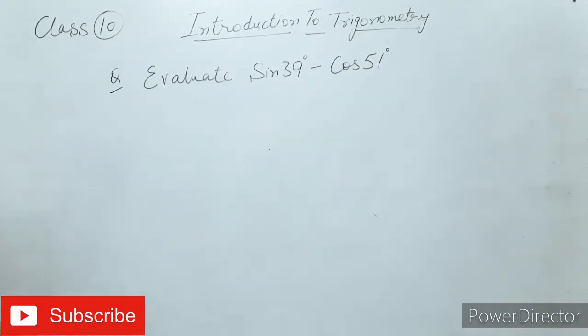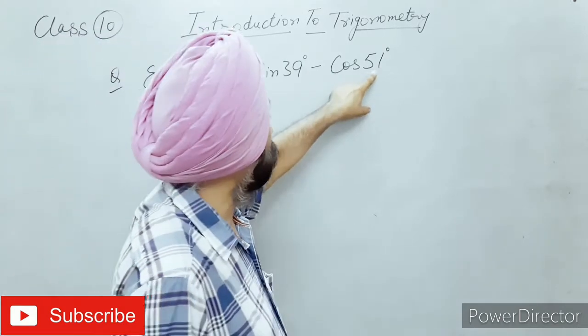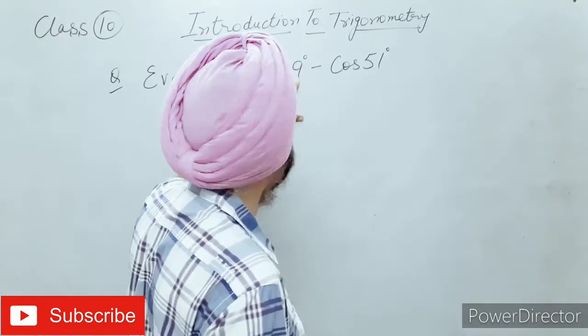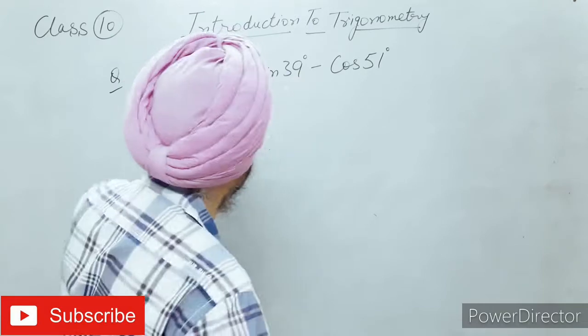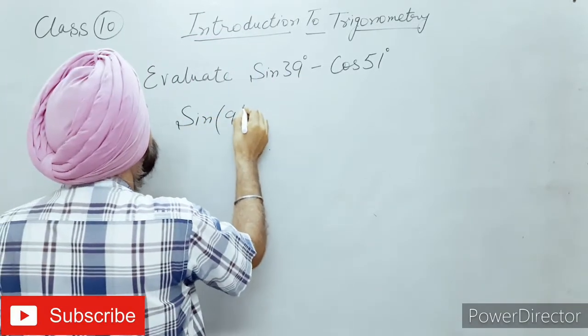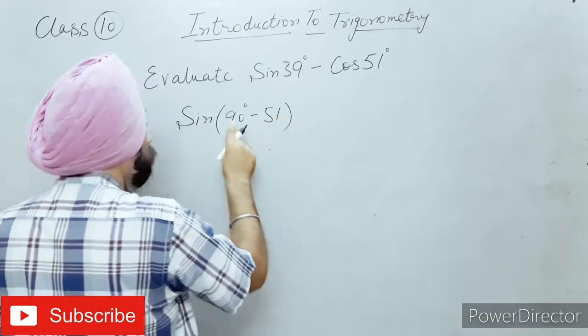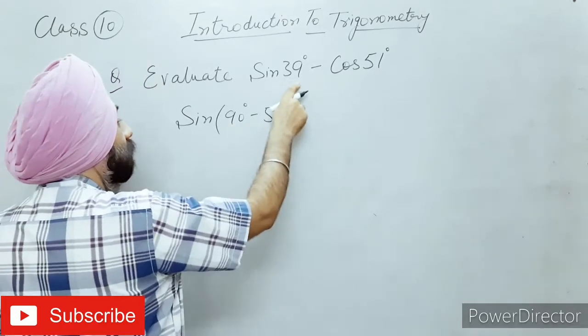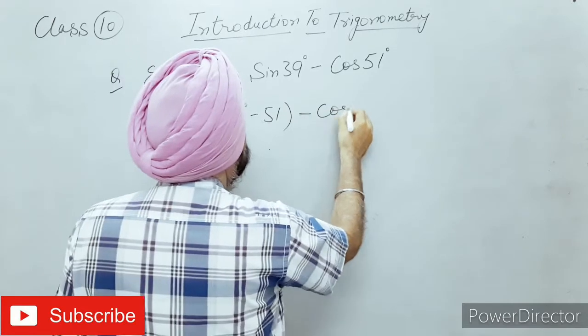Now, either you change this or we will change sine 39 degree. Now what we can do, let me try with the first term. I can write this as sine of 90 degree minus 51, because I know 90 minus 51 is 39, minus cos 51 as it is, right?